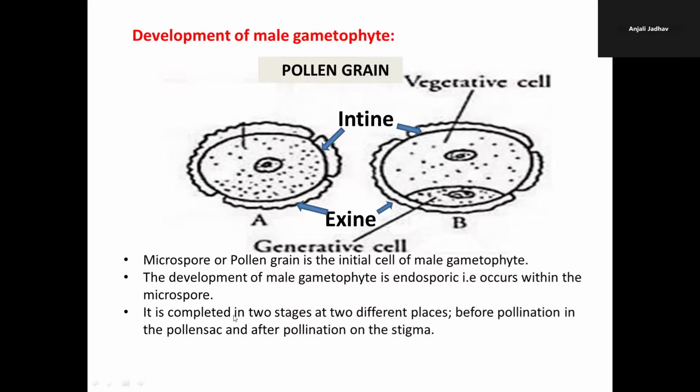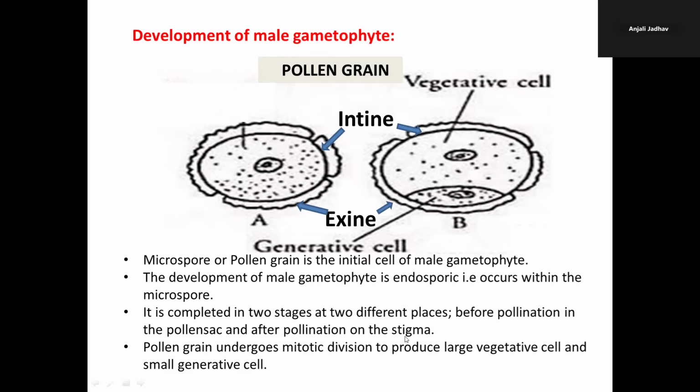It is completed in two stages at two different places: before pollination in the pollen sac and after pollination on the stigma. Pollen grain undergoes mitotic division to produce large vegetative cell and small generative cell.